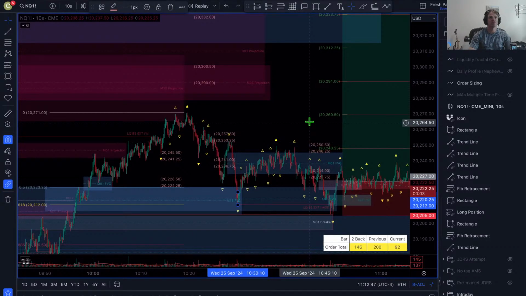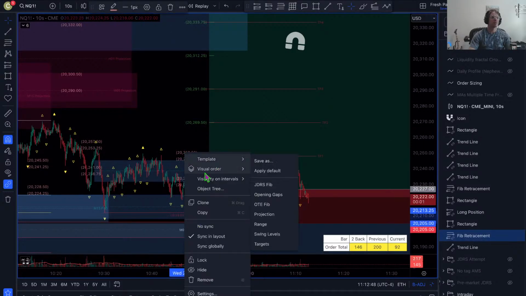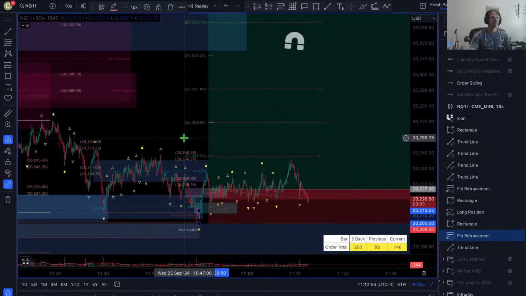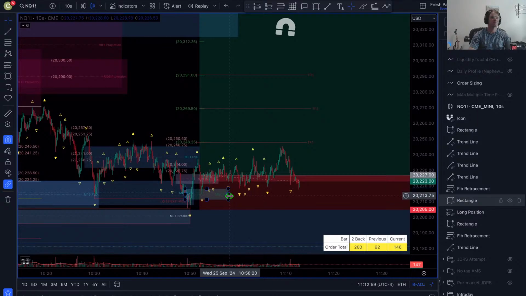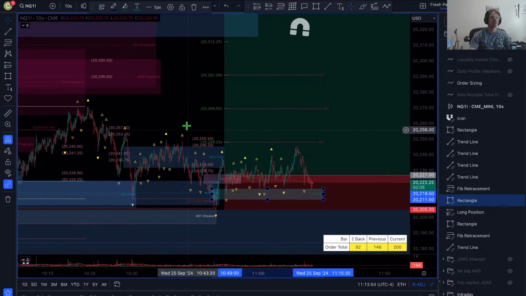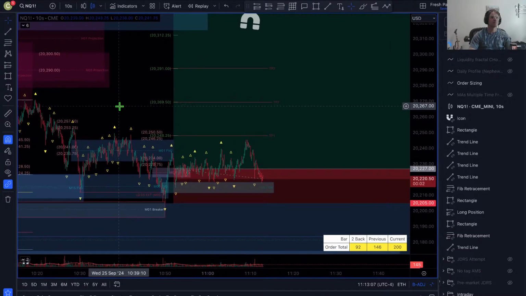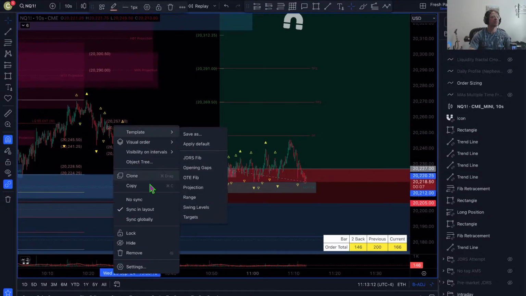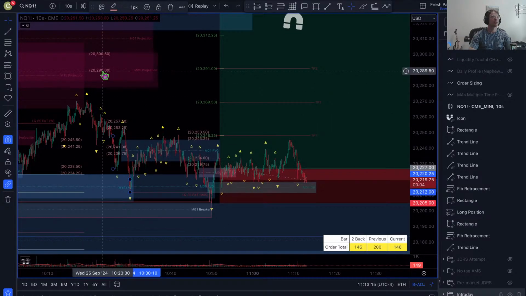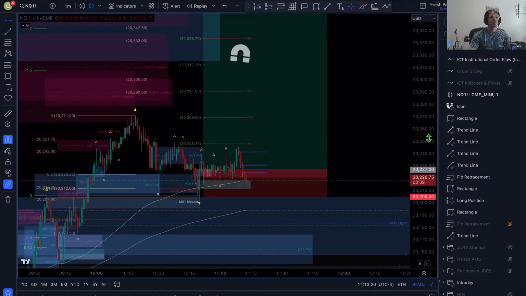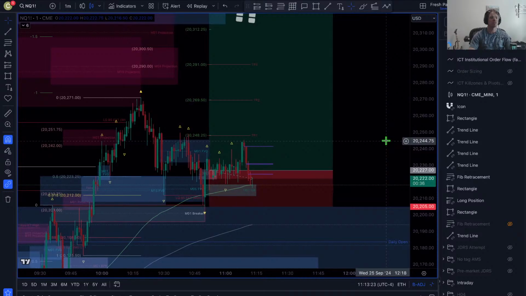Swipe me out. I hit the fourth projection. Did it? 24625. It's not looking good. Tested that order block. That's some displacement to the downside for sure.